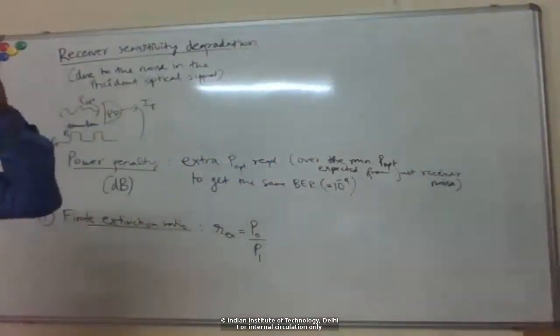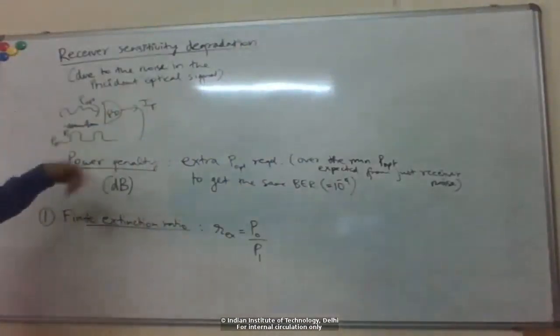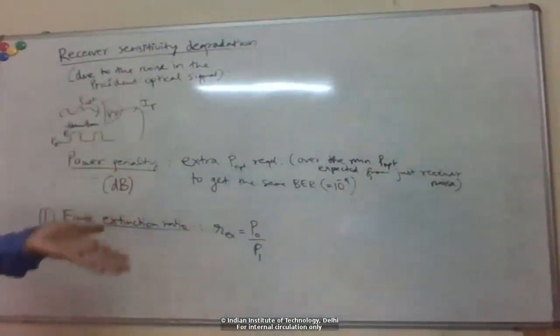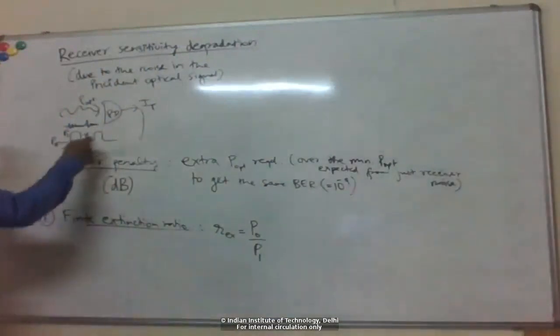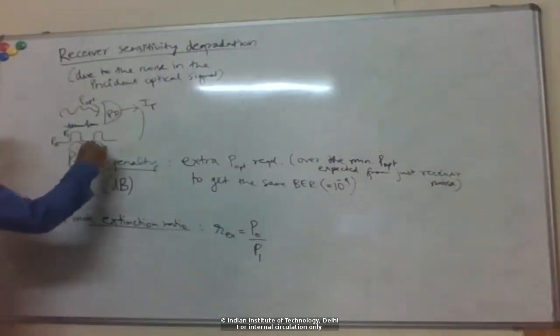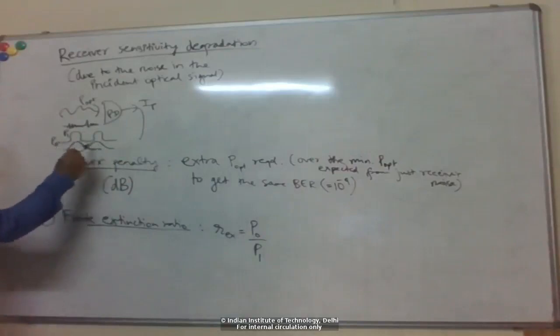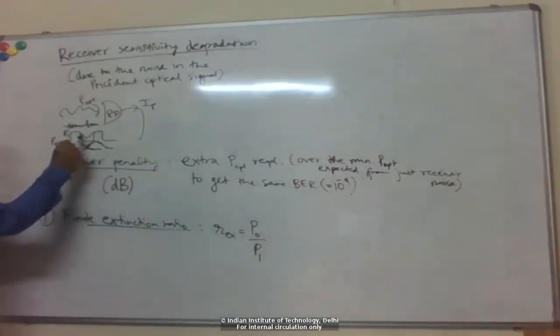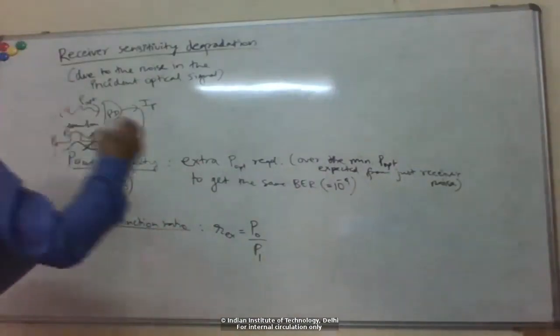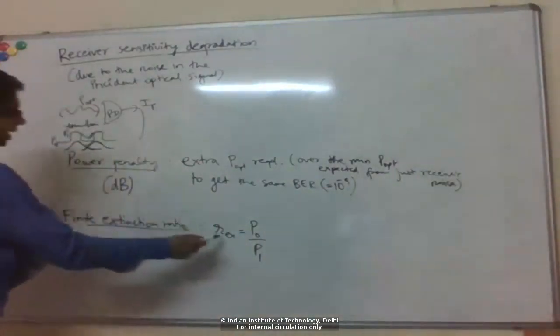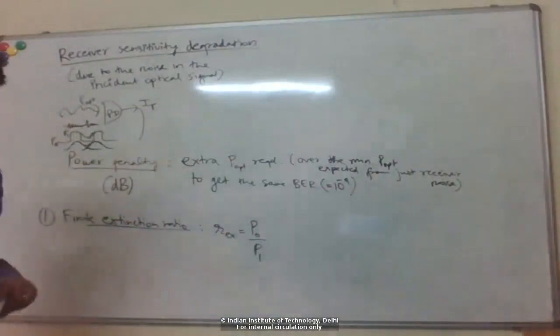If I have a long link, I have some amplifiers, and they will add some noise for bit 0 also, so they will increase the bit 0 level above 0. And finally, if I have some intersymbol interference due to dispersion, the pulses are broadening, so bit 0 won't go to 0 because of this intersymbol interference. All these mechanisms can give me a finite extinction ratio where P0 is not 0.